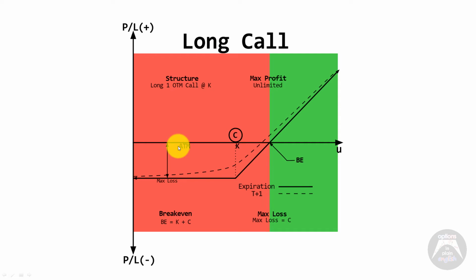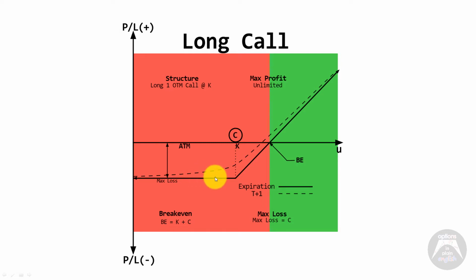So at a glance, we can see what would happen and what our strategy would be making if the underlying price is at a certain point. So for example, if we start looking at this one, even before we start to analyze it, let's focus on the solid line.